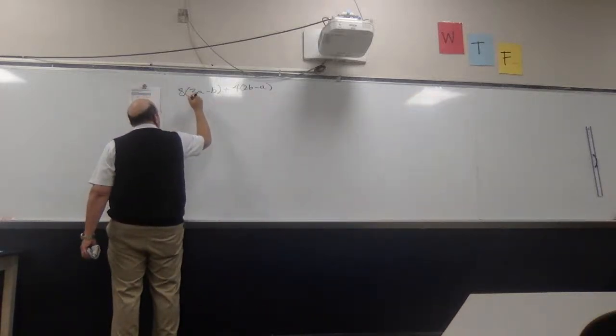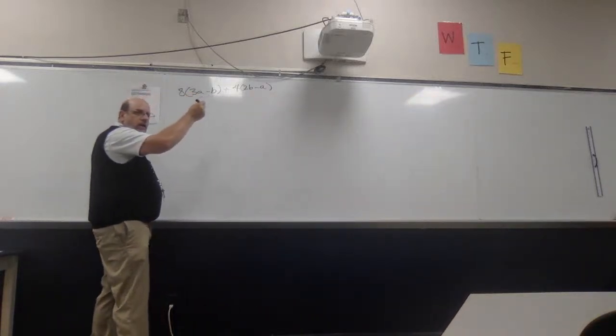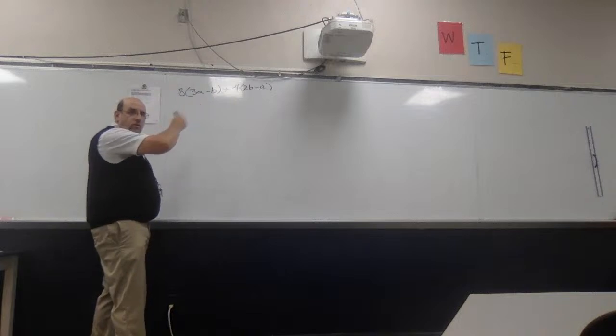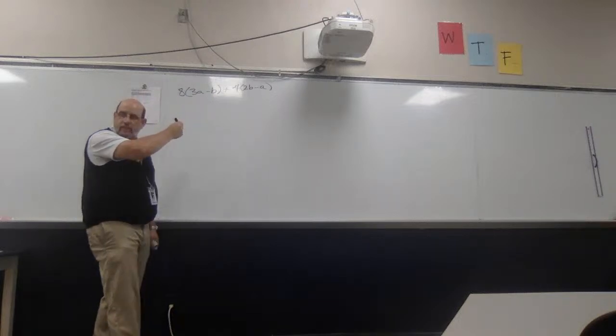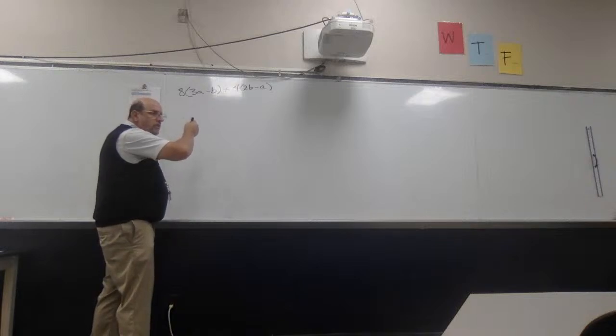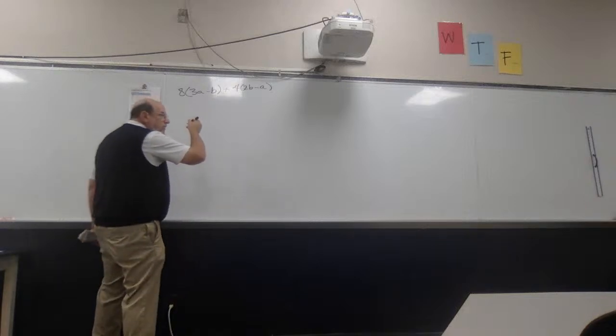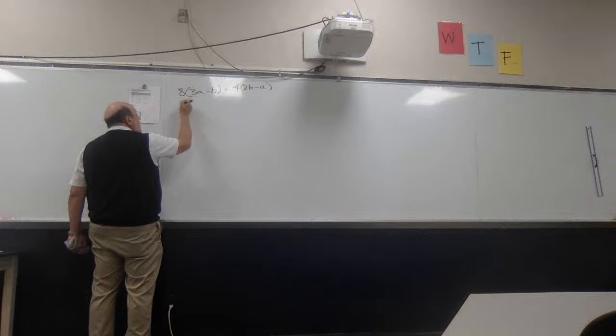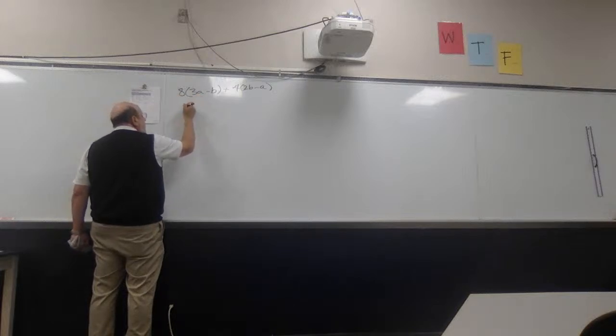Do you need me to write it out, or can we just do it? You guys are okay if I just do it, right? Sianik, you're good. Nobles, you're good. Babayev, you're good. Vasquez, what do I get when I multiply 8 times 3A?